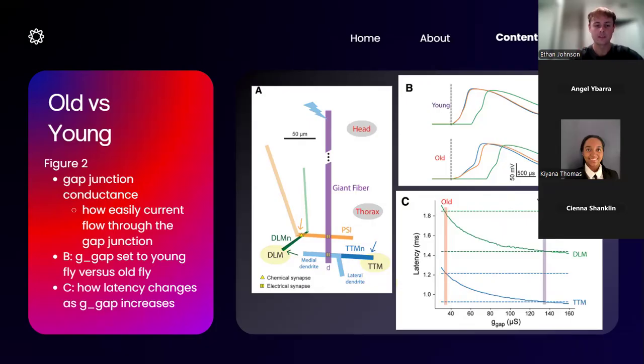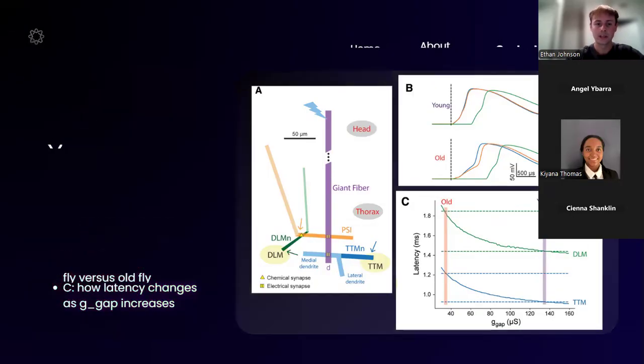And the reason why we're focusing so much on gap junction conductance is that in the future figures, they're going to compare gap junction conductance to other physiological and anatomical properties to see which one is more important in finding the escape response latency. So we'll look at those figures now.